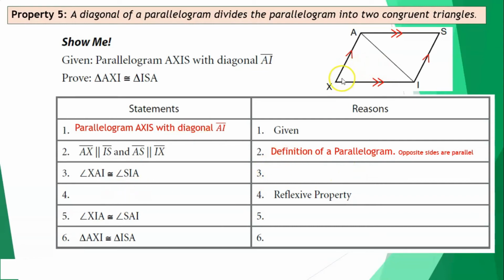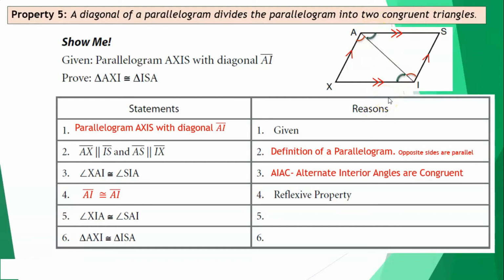So we have angle XAI, and this angle and angle SIA are congruent because they are alternate interior angles. Marking them, we have this. And we have the reflexive property, a side common to the two triangles: AI and AI.